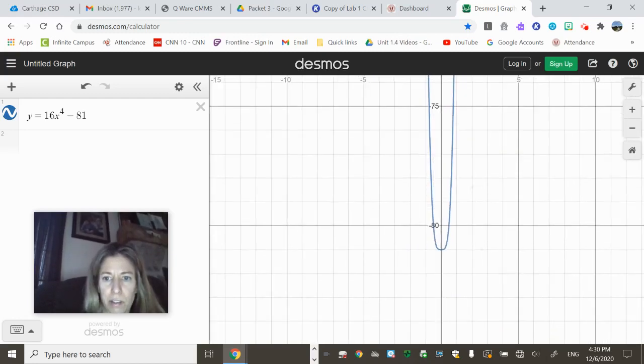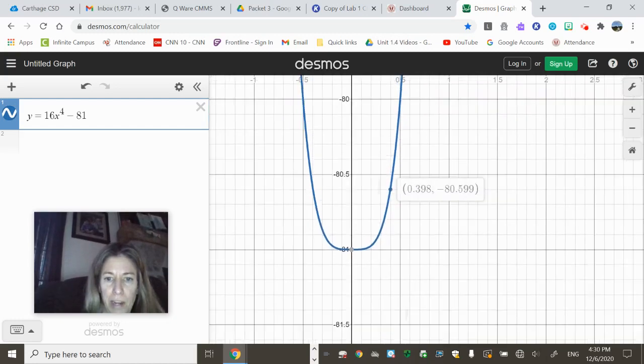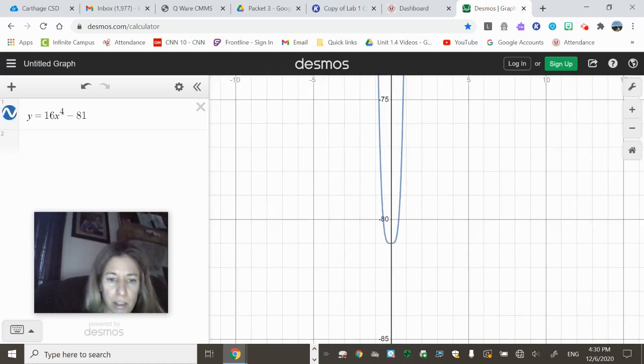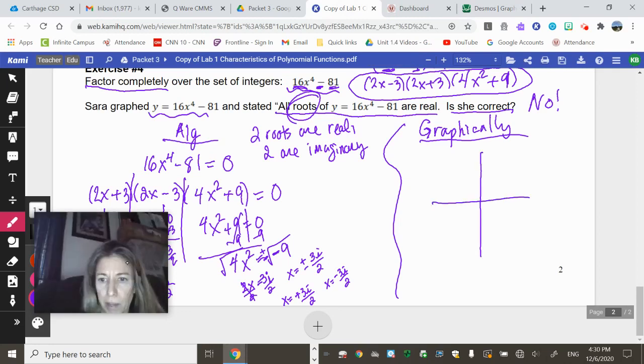It can be a higher power if it looks like a parabola with a flat bottom. Okay, this is an x to the 4th. So I'm just going to sketch this. I'm going to make my scale so we can see this. I'm going to make this negative 81. And my x scale is obviously way different than my y scale, because this is going to be negative 3 halves, and it's going to be positive 3 halves.